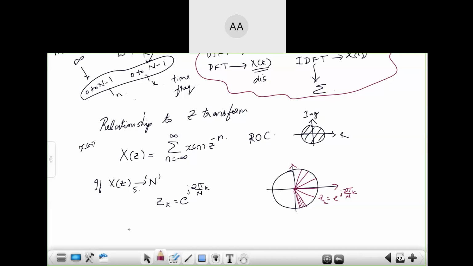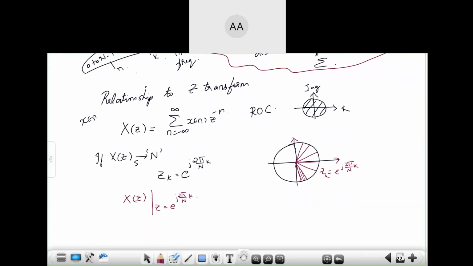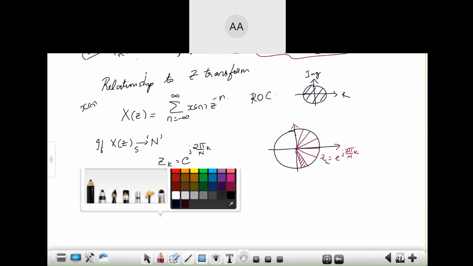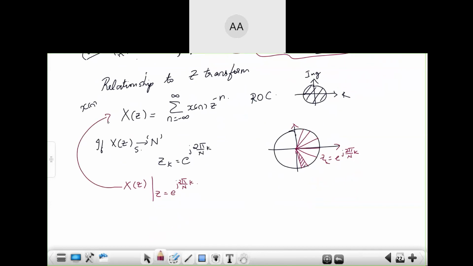So you can write it in such a way that x of z is evaluated at z is equal to e power j 2 pi by N. This is the way to represent it. Okay. So write down that equation. Substitute this in your equation 1. What happens?